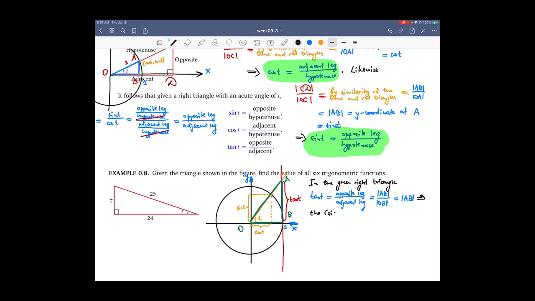The signed distance from the point 1, 0.